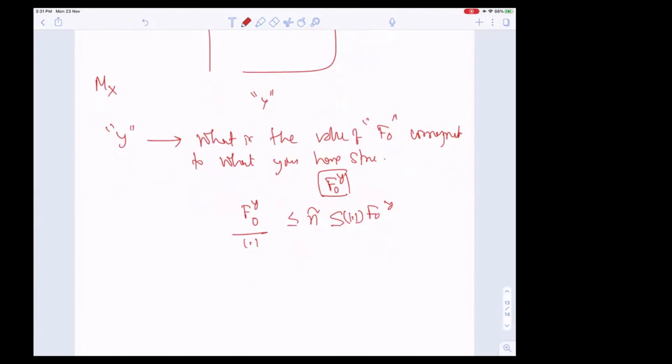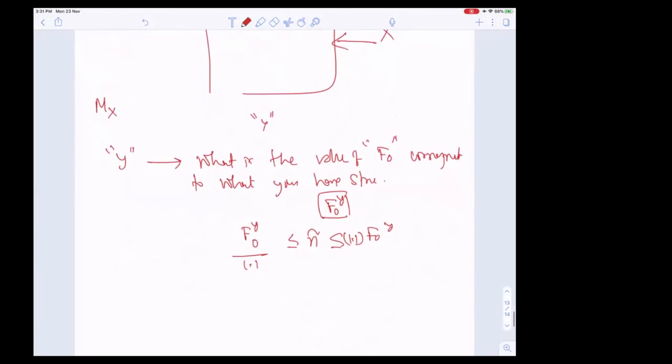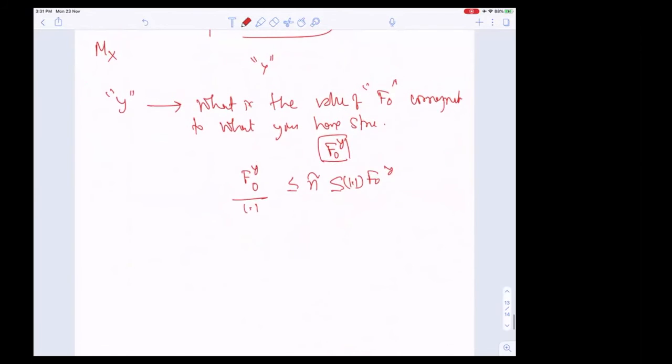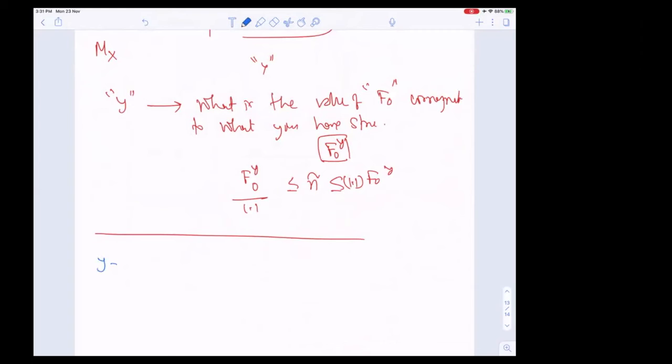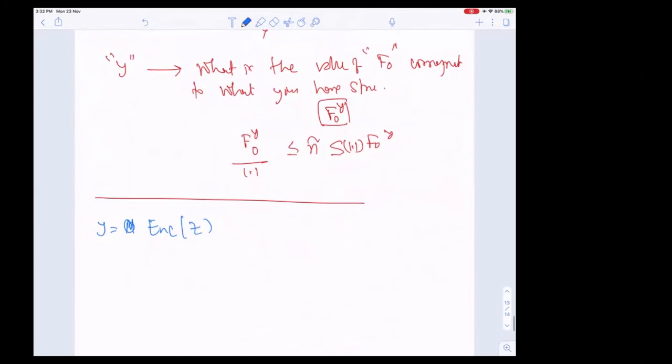Now, let's ask ourselves, what happens when x, so what is y? Remember, it is a memory content. It is basically the encoding of z. So suppose I'm going through all the strings in C. So when I give x equal to z, what happens?